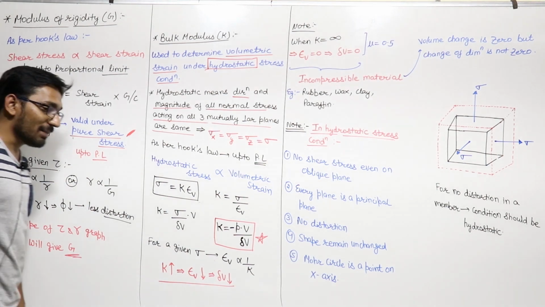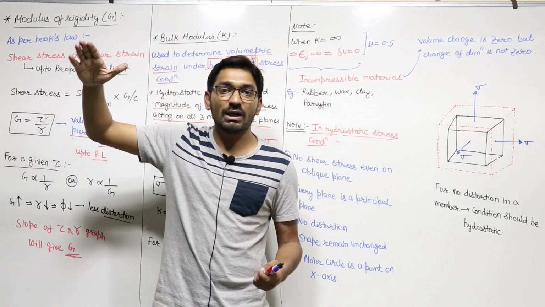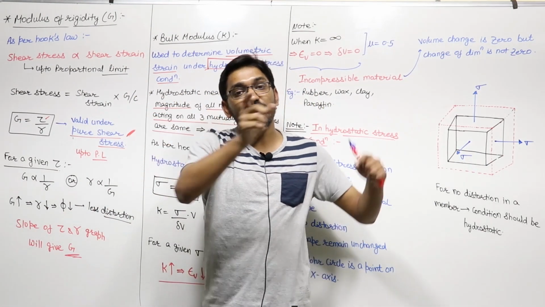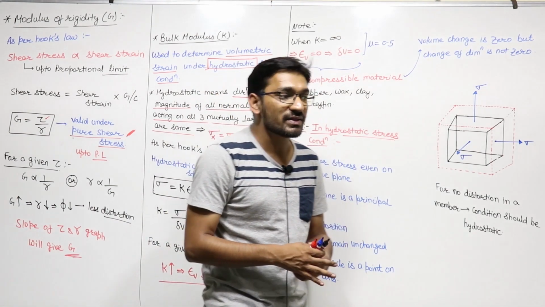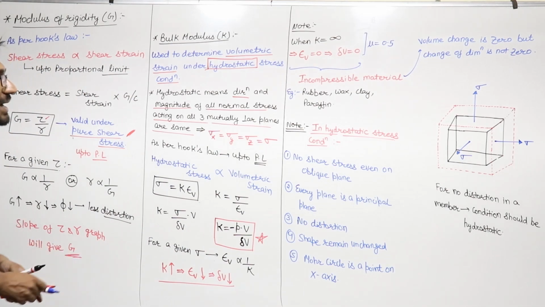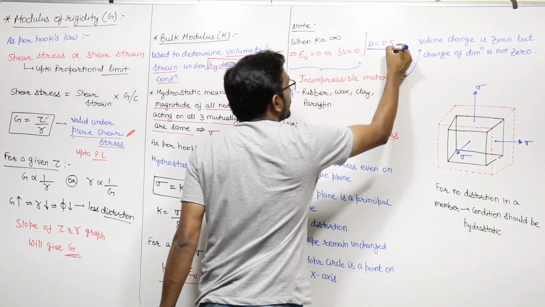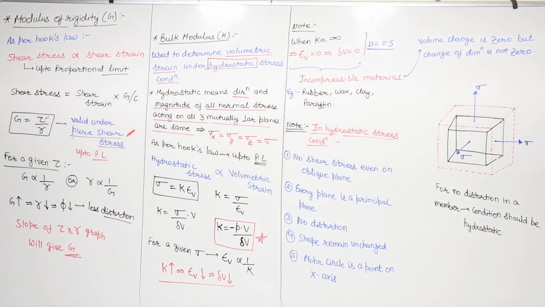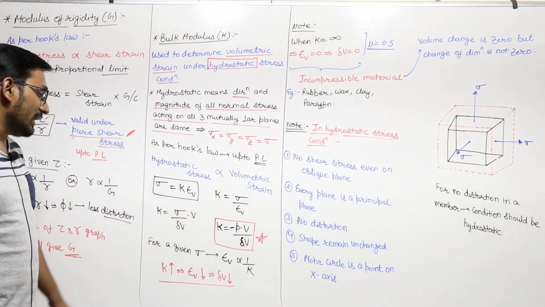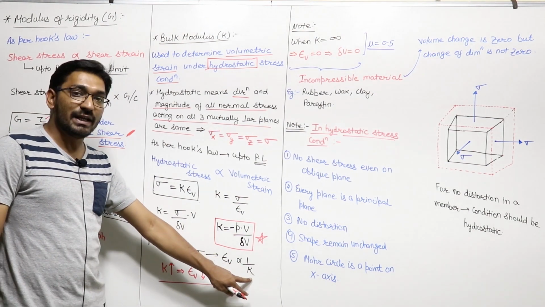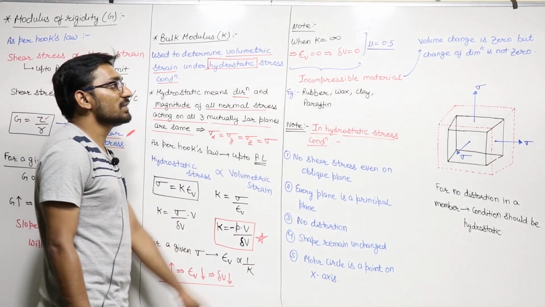And we know what is the maximum value of K. We already saw the upper and lower limits of the elastic constants. If you recall that table, we will see that the maximum value of K is infinity, at mu equal to 0.5. If I put the K value as infinity, 1 upon infinity means the volumetric strain will be 0.